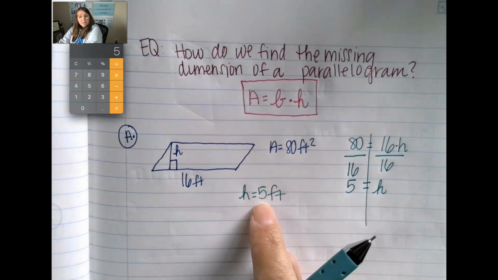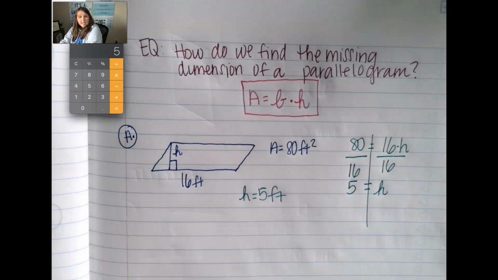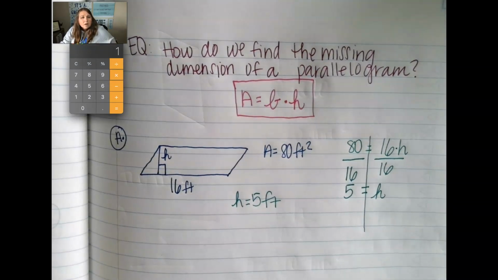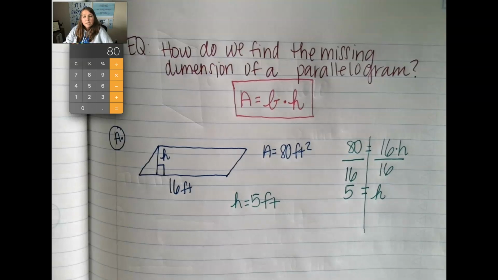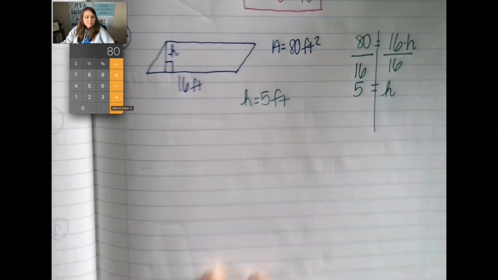We can check this by saying 5 times 16, and we get 80. So we did do it correctly. 5 times 16 gives us 80. There we go.